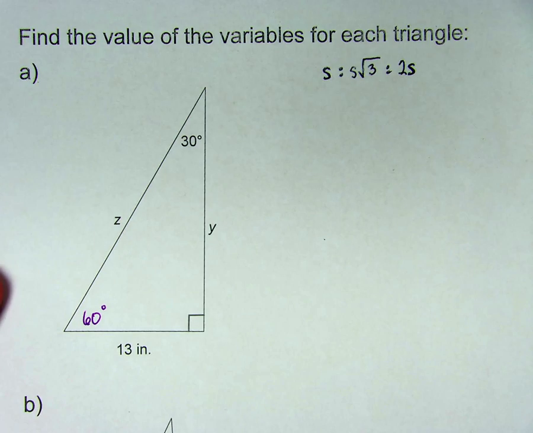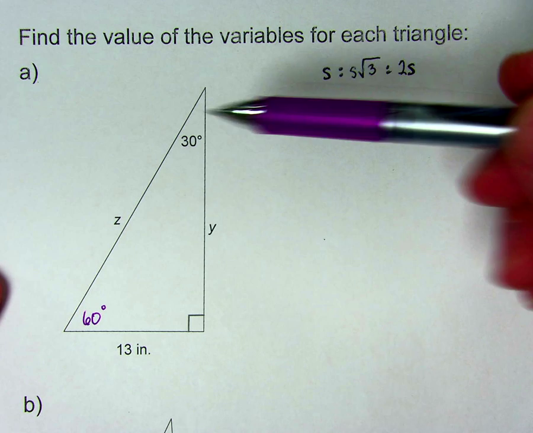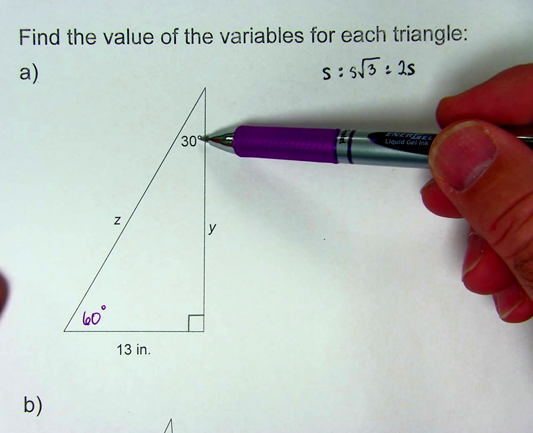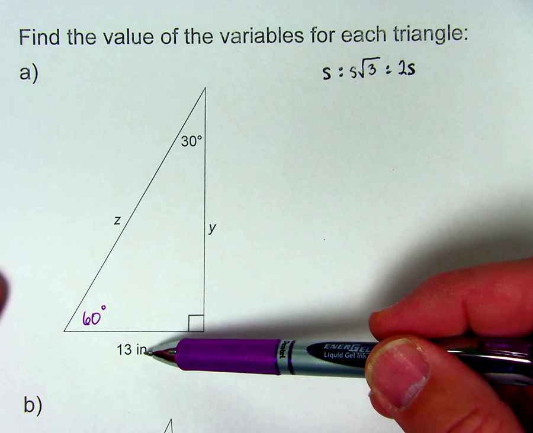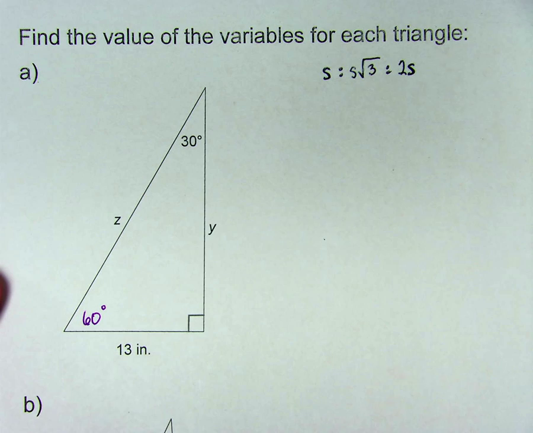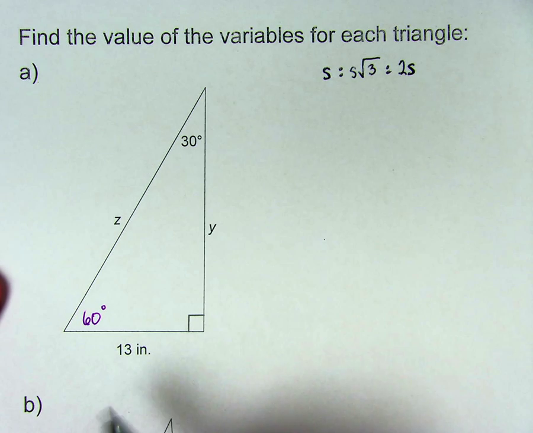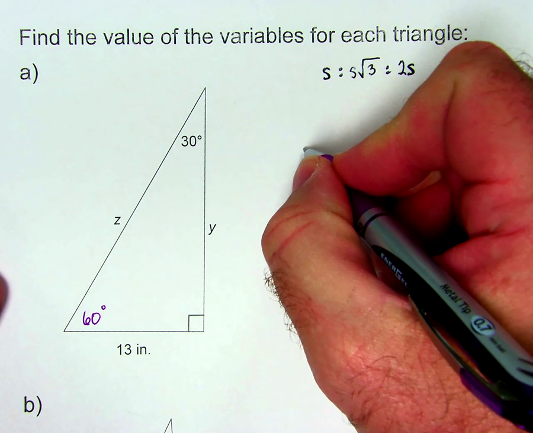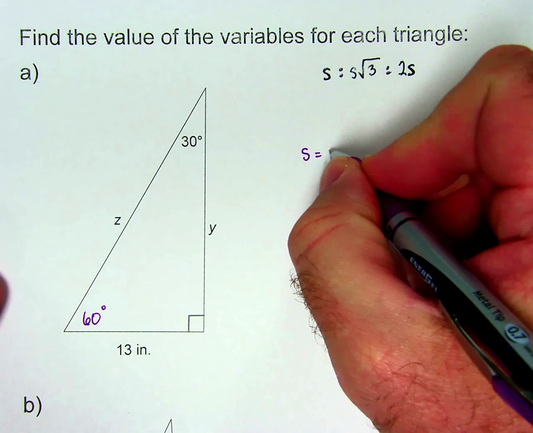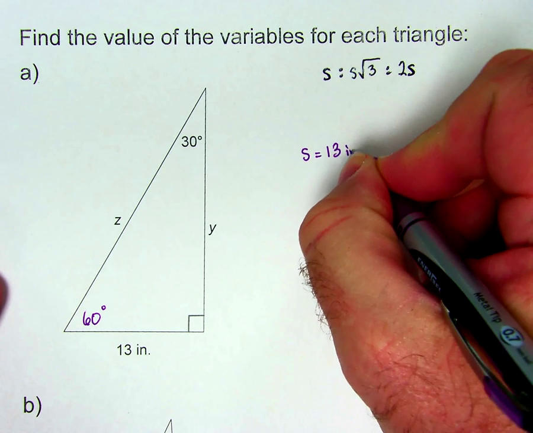So I do have my 30, 60, 90 relationship. So which side do I know? Well, here's my smallest angle, the 30 degree angle. So the opposite side is the shortest side. That would be the shorter of the two legs. So in our ratio, that represents our value of S.